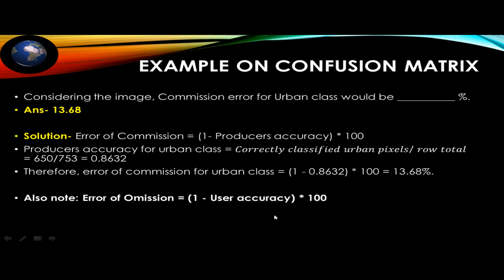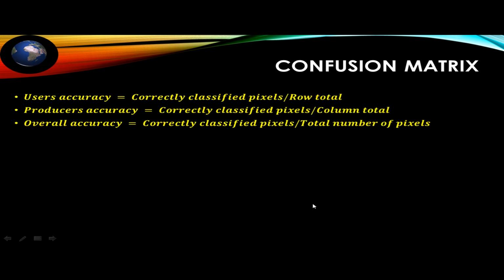Similarly, can you let me know the error of omission for the same water class, which is 1 minus user accuracy into 100. User accuracy deals with, as I showed you here, the row total.